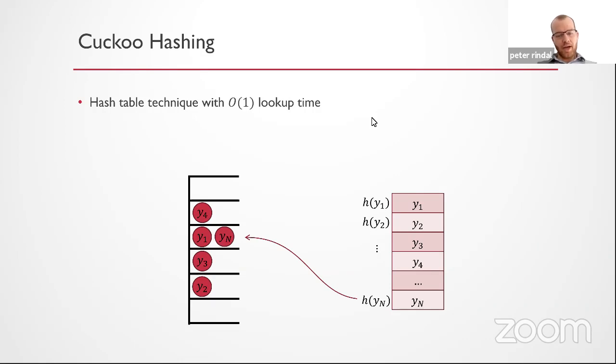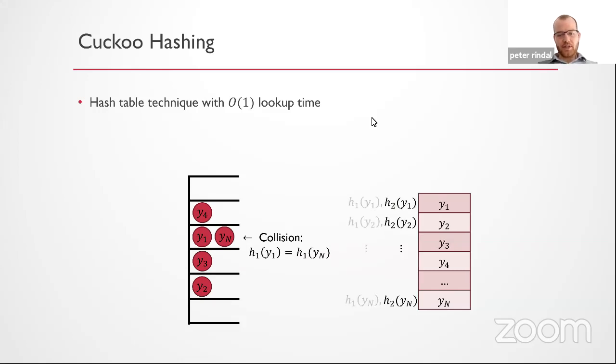But eventually two items, in this case Y1 and Yn, will be mapped to the same hash table location. There are various ways to take care of this. You can just store both of them there, but later we'll have reasons we don't want to store both here. And so we need to somehow resolve this collision.